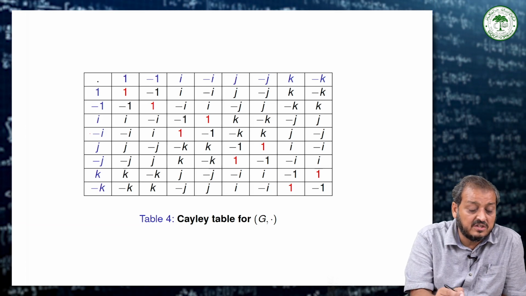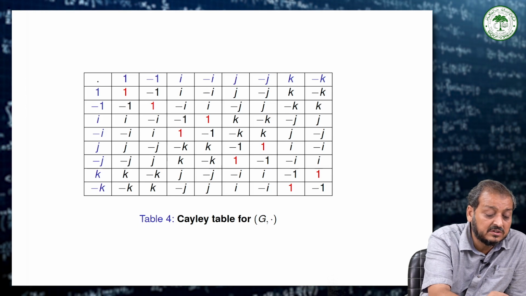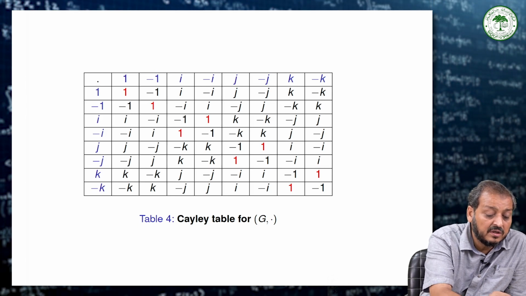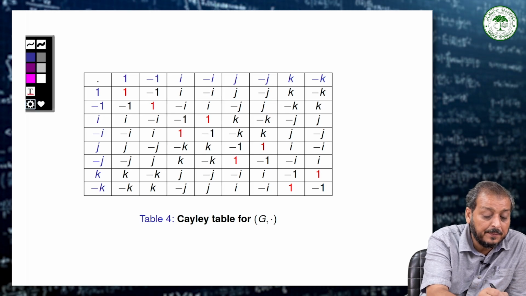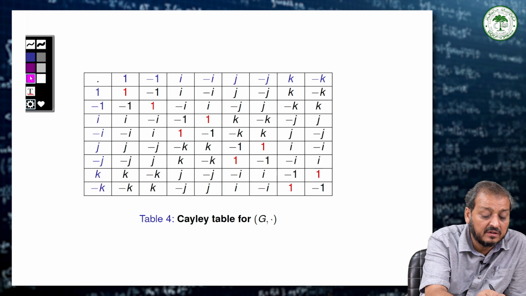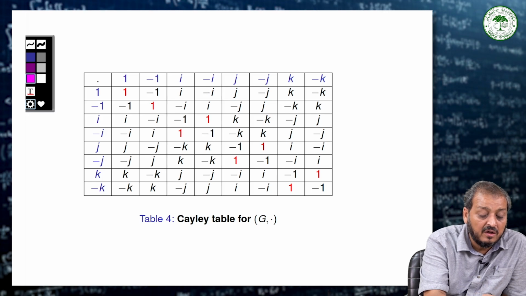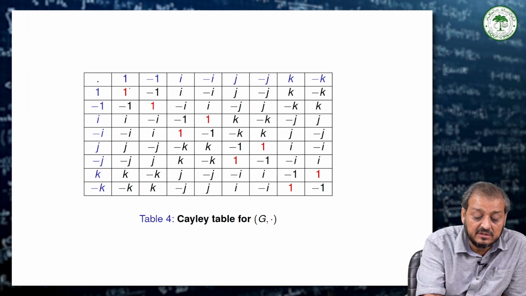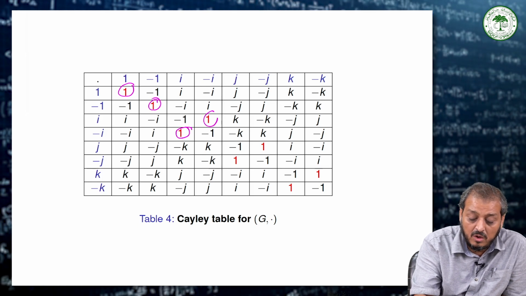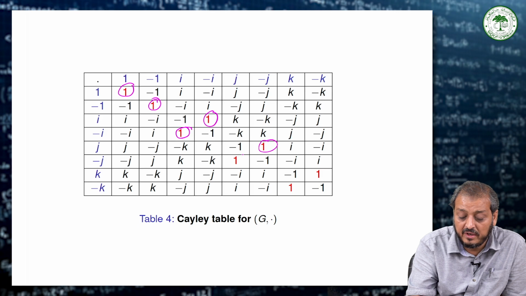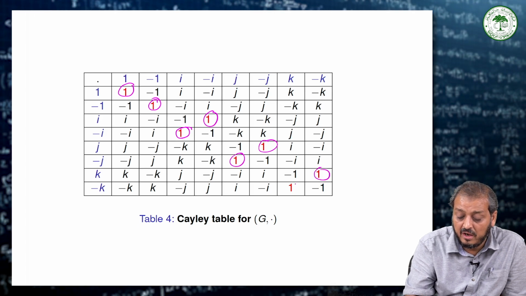So we can simply say that this is 1, 1, 1, 1, and we have a 1 here and here and here.